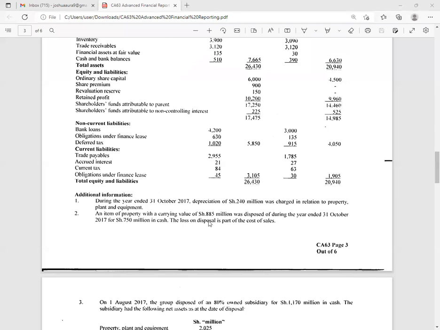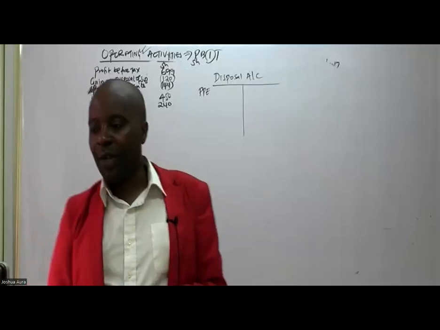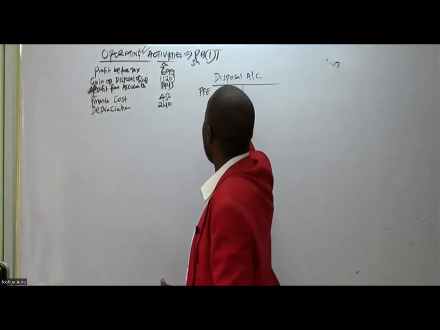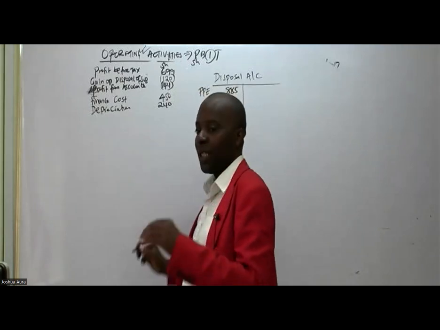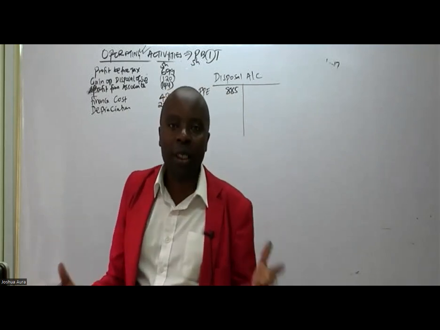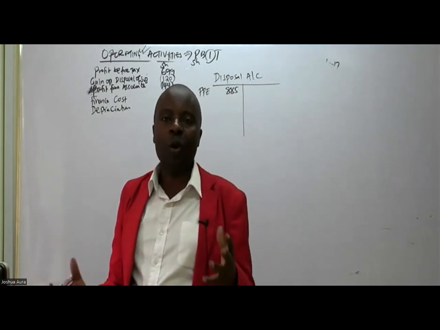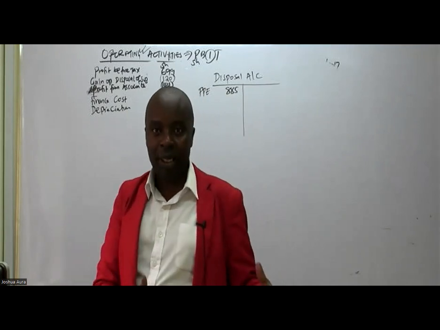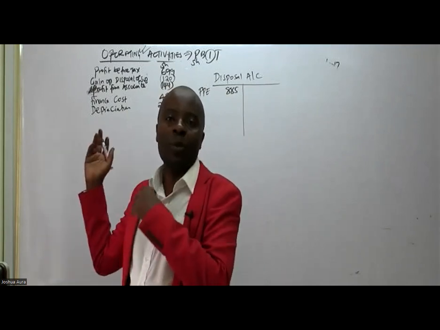So the carrying amount of the PPE here is 885. So we have here 885. And then, of course, the next thing that ensues will be the money we got. When we get money out of selling this PPE, we debit bank, and then we credit this disposals account.